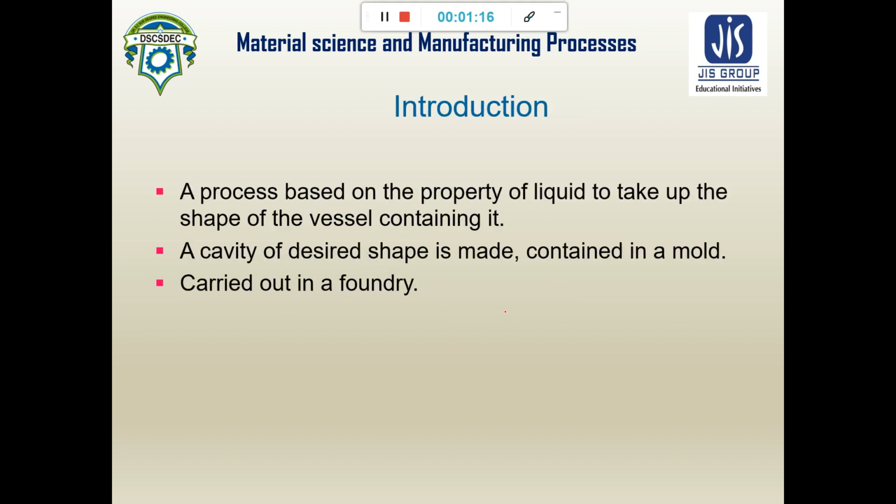This process is mainly based on the property of a liquid to take up the shape of the vessel containing it. Using this property, in the liquid state, the metal is poured into a container, and upon solidification, that metal will take the shape of that container.